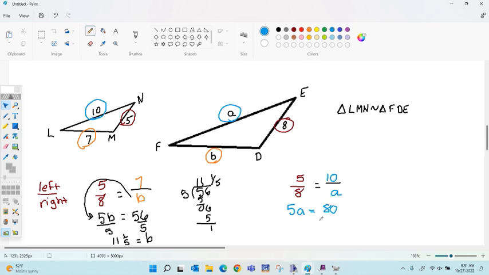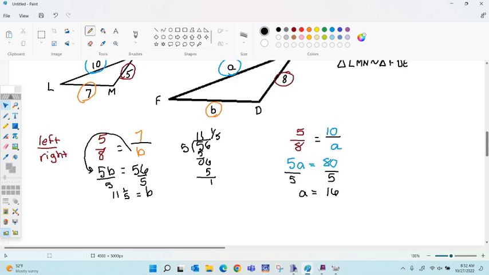I know you all have your calculators in front of you, even if they're simple calculators. So what is my answer here? Abby? A equals 16. So no reducing there, just divided by 5. Okay, so pressure off as far as the calculations on this chapter.